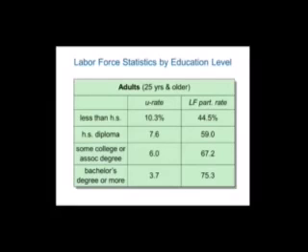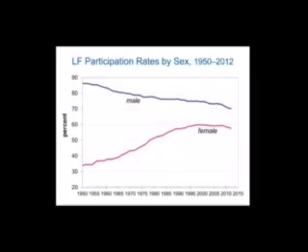If we look by education, people with less than a high school degree have a high unemployment rate, and people with a bachelor's degree or more have a very low unemployment rate. And labor force participation rate, of course, increases as people have more education.